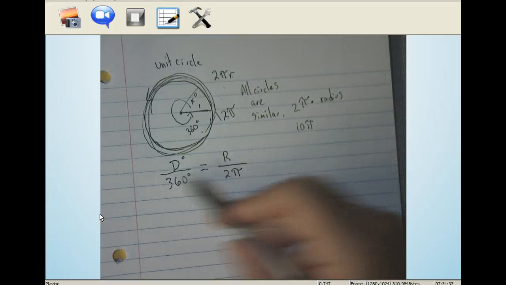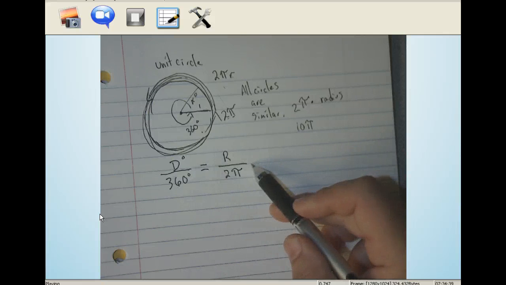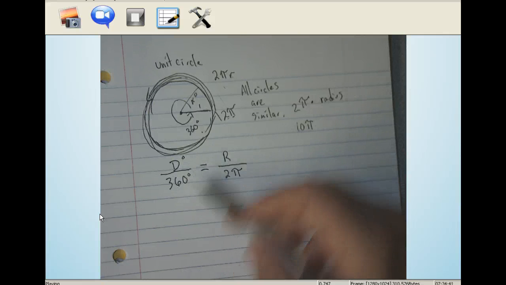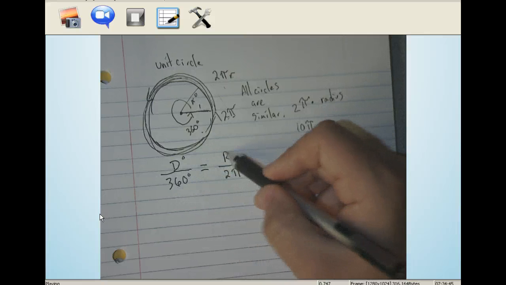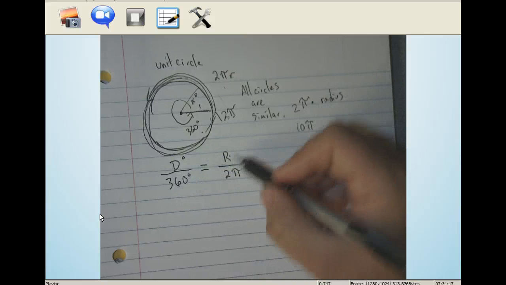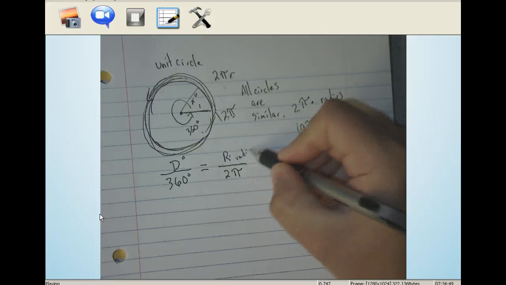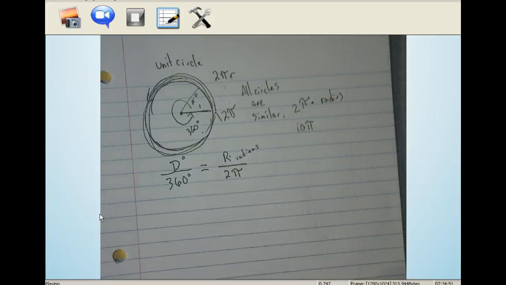So now we can use this equivalent ratio: d degrees over 360 degrees is equal to r radians over 2 pi.